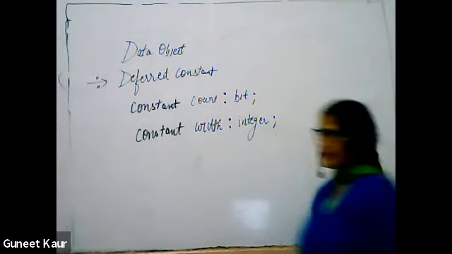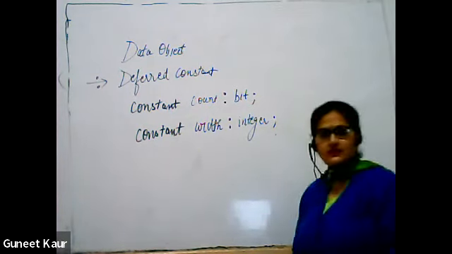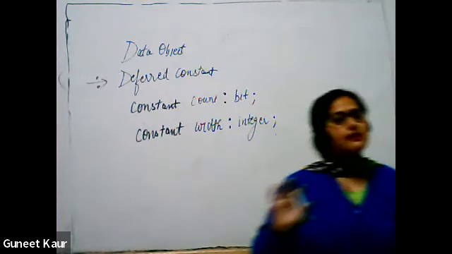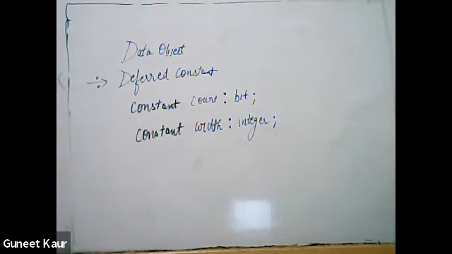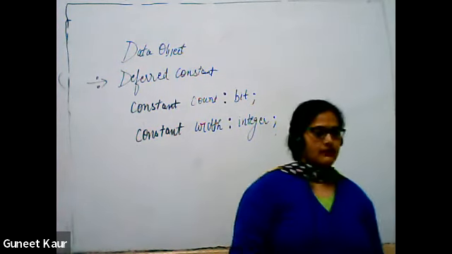Here again the value of the integer is not mentioned. That's why this is another example of a deferred constant. Now with this I have completed the constant data object.